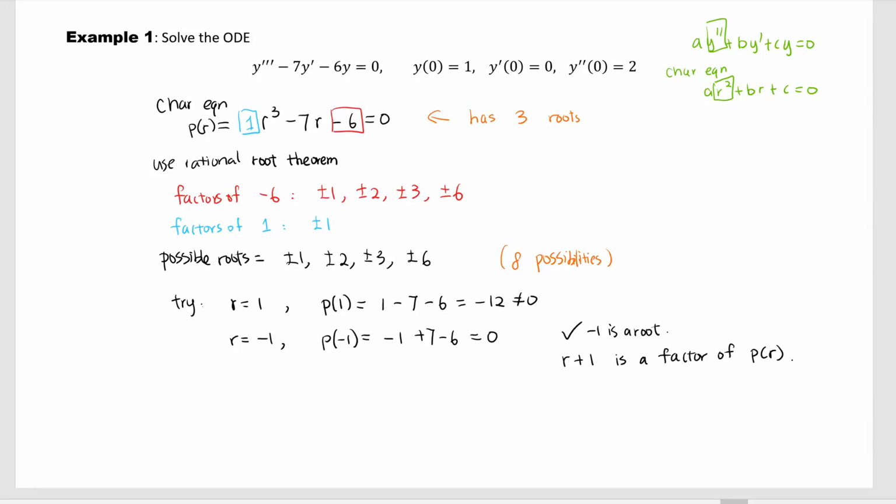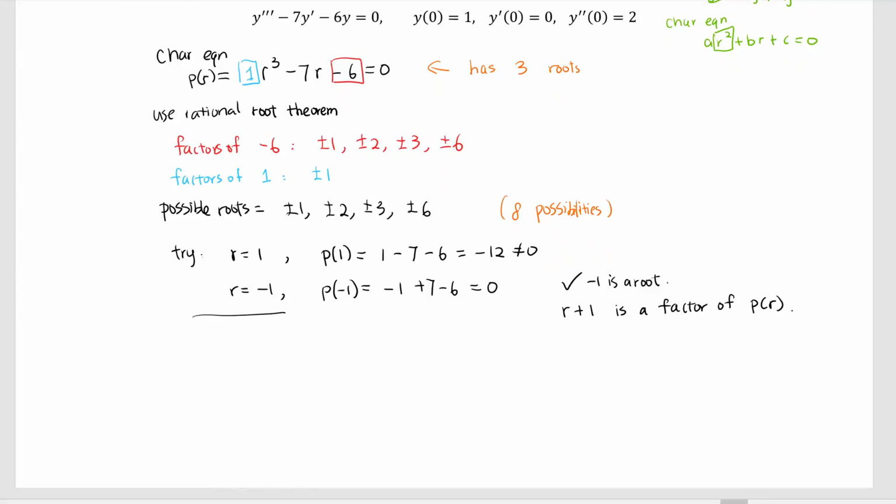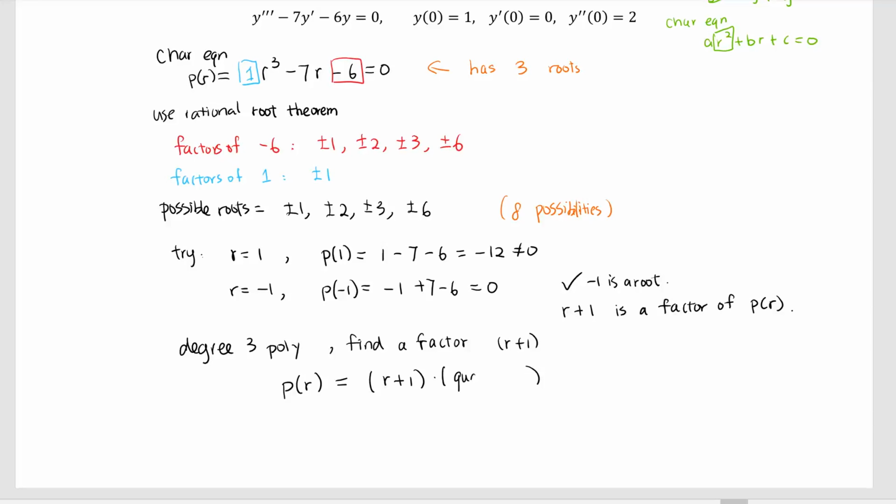We can actually stop trying the list here, because we are given a degree 3 polynomial, and we found a factor. r plus 1 is a factor, which means that the polynomial, which is degree 3, is a product of r plus 1 times another factor, a quadratic factor.